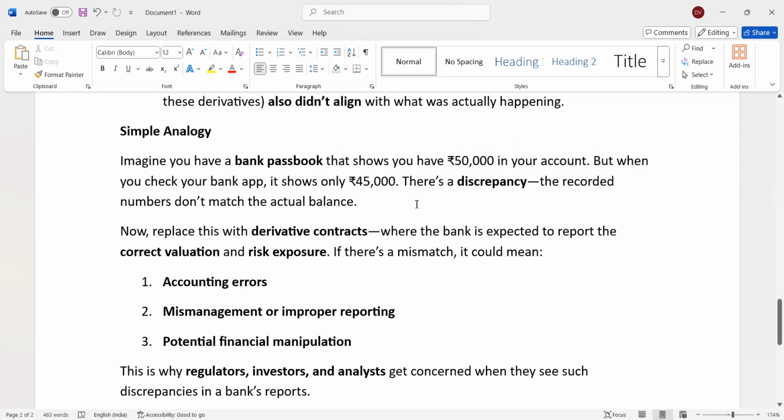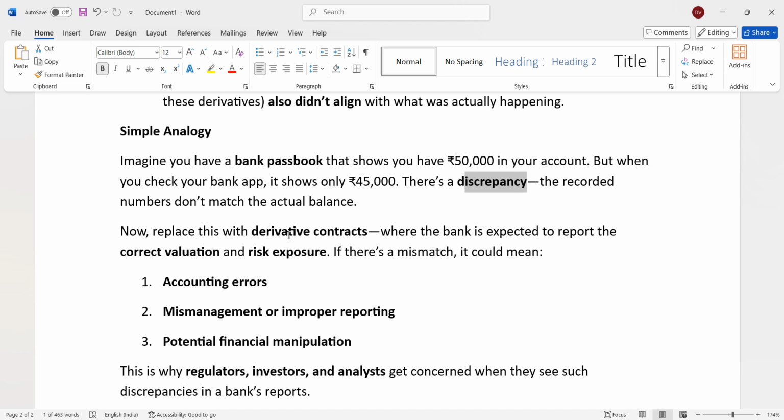So instantly you feel like this. The trust with the bank slides down, right? Because you haven't used your money and it is showing a wrong amount. So this is called a discrepancy: the recorded numbers don't match the actual balance. This is exactly what happened with the Indusland Bank.